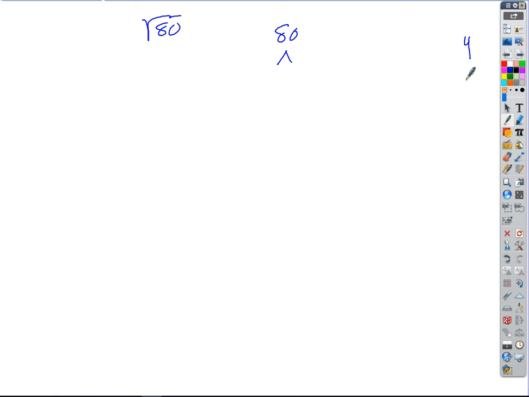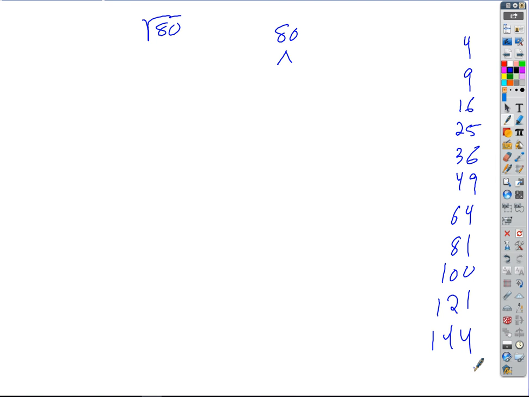I would just write down a list of perfect squares, maybe up to 144. That ought to do it. And just use that throughout the test. So is 80 a perfect square? Not. What's half of 80?